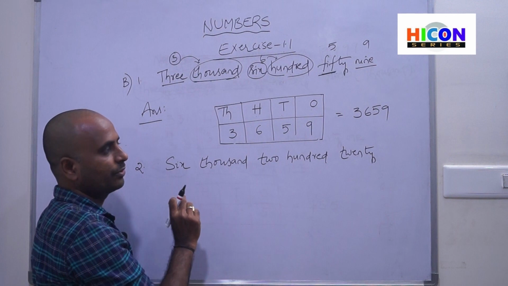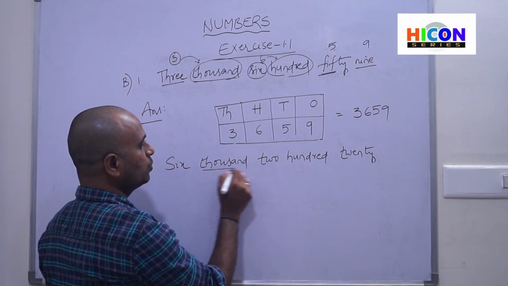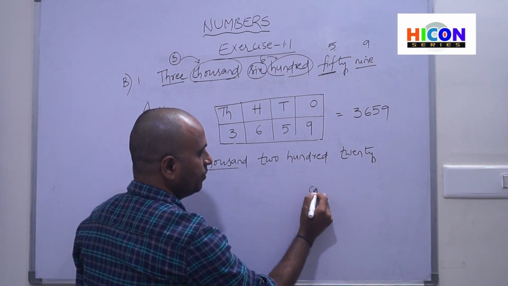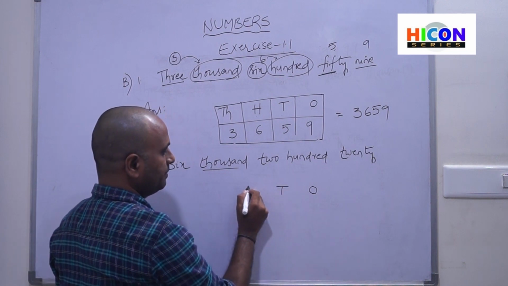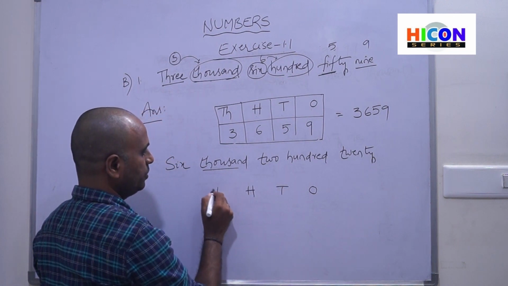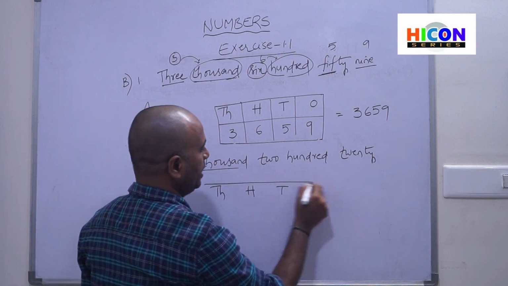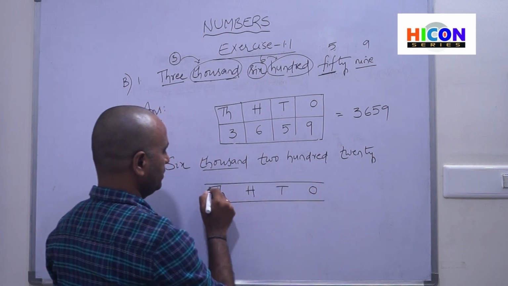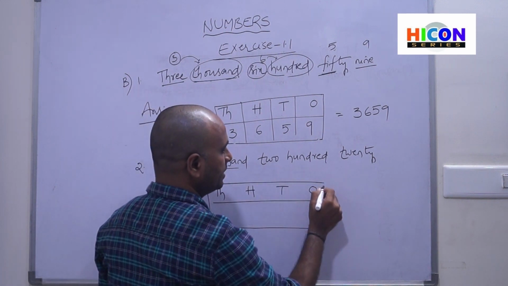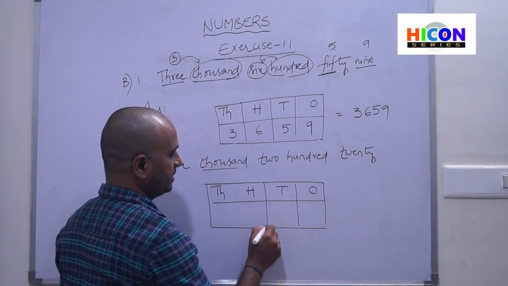First you have to write places up to thousands: ones, tens, hundreds, thousands. First we write the places, and next insert the digits under the places.